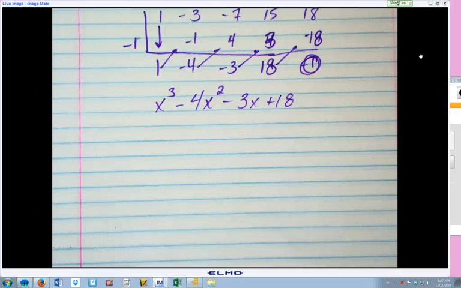Okay, step 3 is factor this. Oh, wait, how do we factor a cubic? We start over again. Whew, what's going to happen when we do a quintic? Yeah, okay, so we're back to step 1 because it's another polynomial. Guess and check.